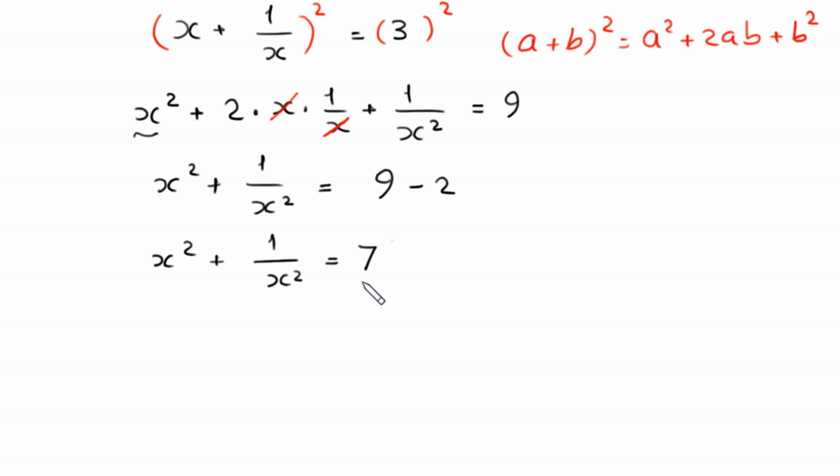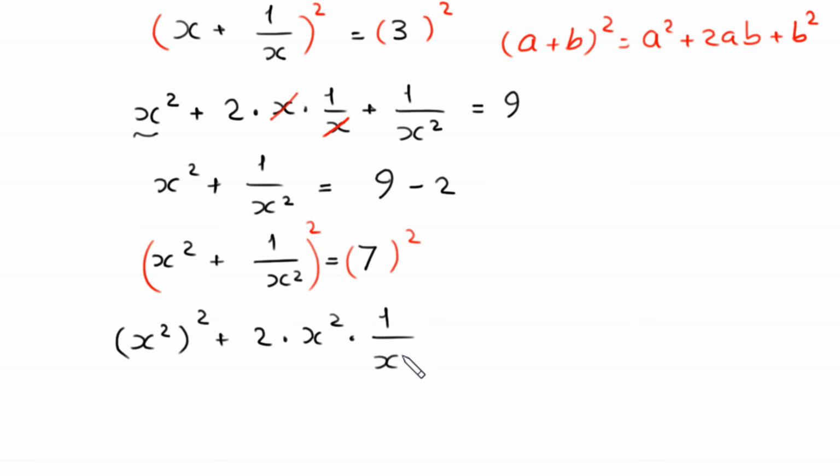Now we square again both sides of this equation. So by using this algebraic identity, this will become x squared plus 2 times x squared times 1 over x squared plus 1 over x squared whole squared is equal to this 7 squared will become 49.